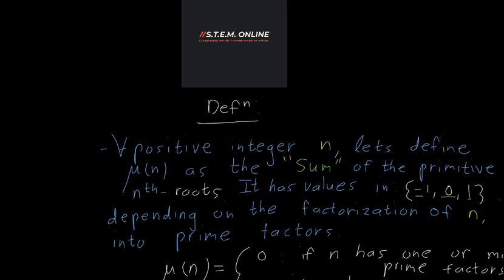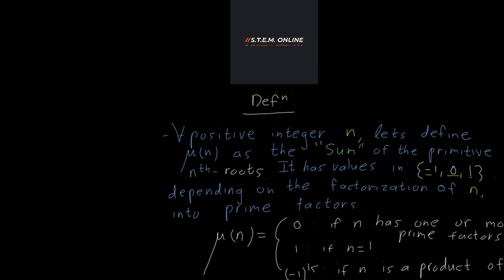Depending on the factorization of n into its prime factors, mu of n is piecewise. Case 1: it is 0 if n has one or more repeated prime factors. Case 2: it is 1 if n is 1.